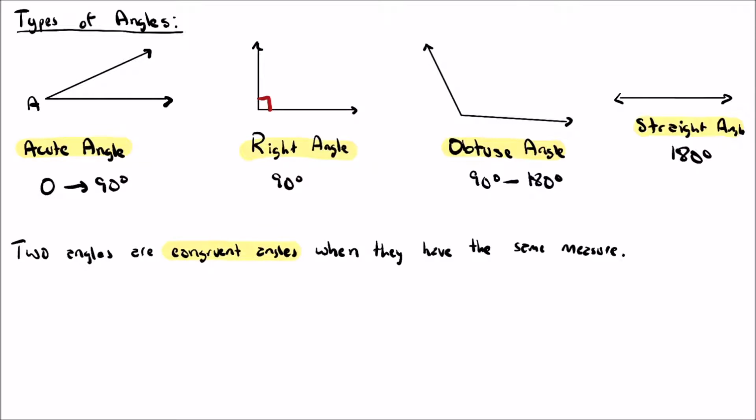And so we would say that the measure of angle A would be equal to the measure of angle D. And if the measurements are equal, we would write that angle A is congruent to angle D. Remember, the equal sign with a little squiggly above it means congruent to.